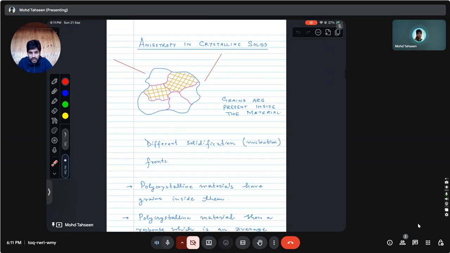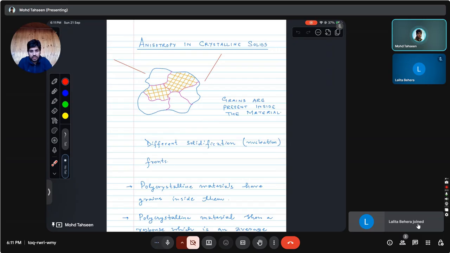And if we have a polycrystalline sample, so mostly if we take a piece of metal, most likely it will be in its polycrystalline state, right? It requires a specific method to come up with a single crystal of some metal, right?